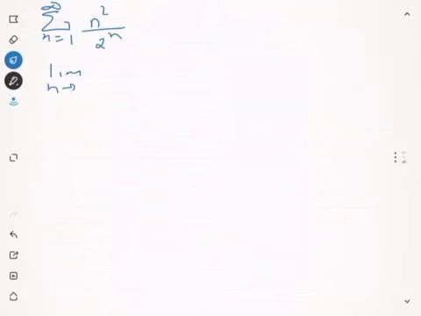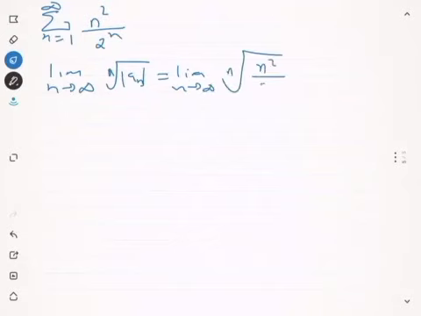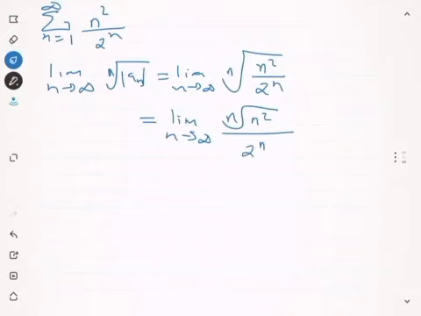We're going to take the limit as n approaches infinity of the nth root of a_n in absolute value. This is the limit as n approaches infinity of the nth root of n squared divided by 2 to the n. But this is the limit as n approaches infinity of the nth root of n squared divided by the nth root of 2 to the n.